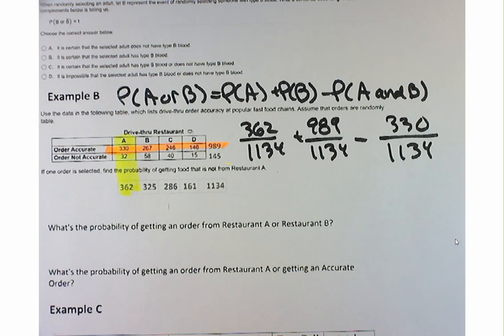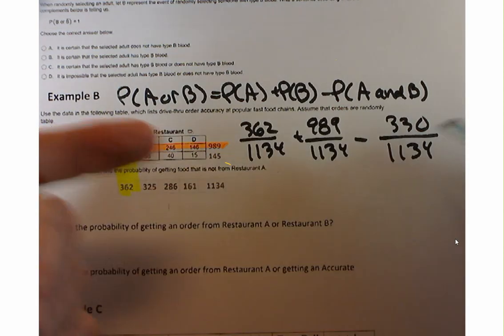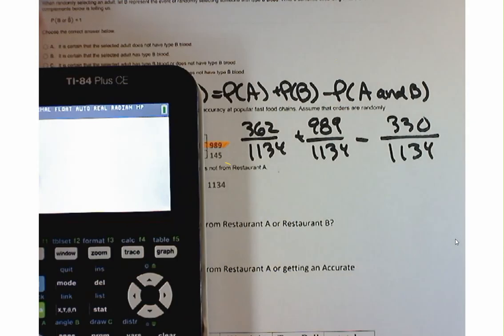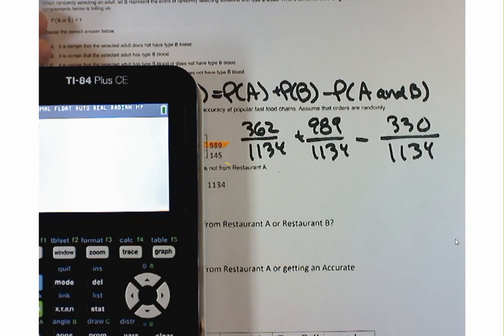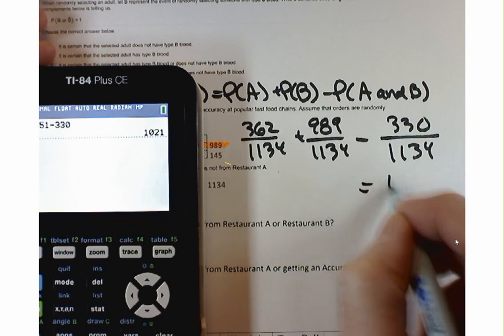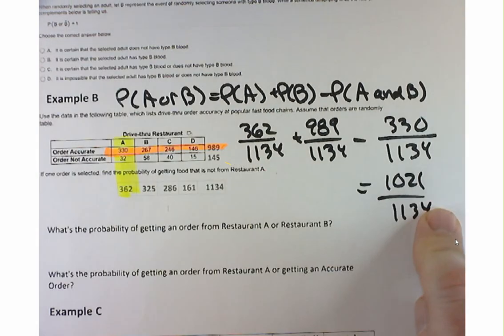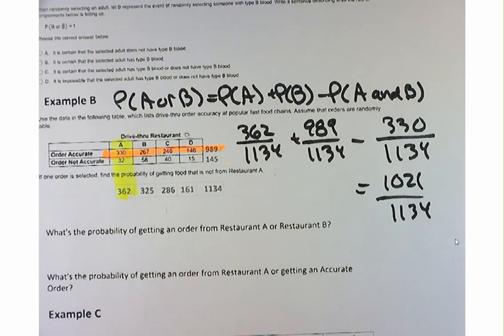Somebody was kind of hinting at this earlier, and you're exactly right. What you want to do is remove that double counting, and that should give me a probability that is between 0 and 1. So 1351 minus 330, I should be able to do that in my head, my bad. 1,021 divided by 1,134. At least that passes the smell test, right? It doesn't look bad because it's between 0 and 1, and that is indeed the right answer.